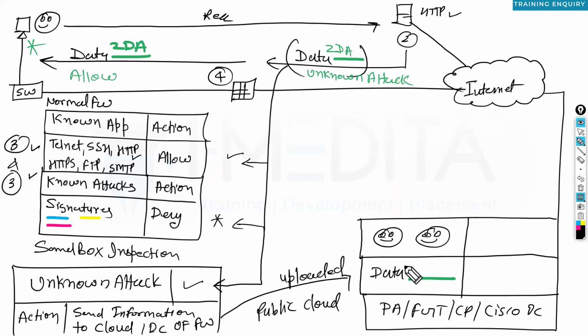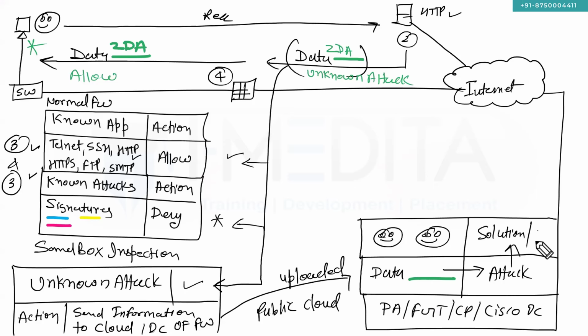When this goes into their system, they have hired engineers. They will analyze what we have received, and determine that this is an attack, and for that attack they will generate a solution, or you can call it a signature. That signature update will be generated by their engineers or their experts. Now after generating the signature or solution, they will generate an update.